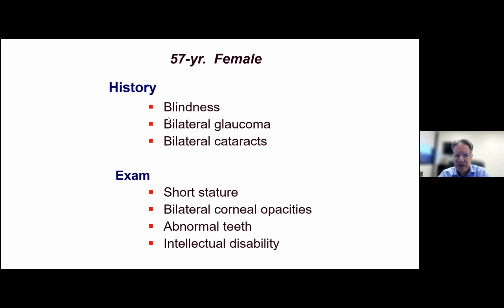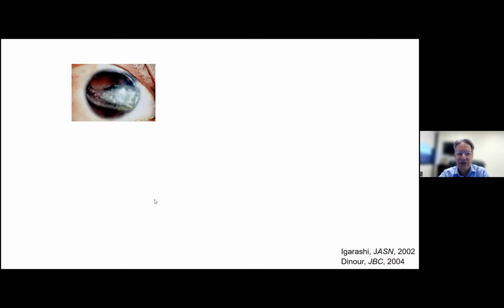It was a 57-year-old female. She was blind. She had bilateral glaucoma, bilateral cataracts, and on exam, she had short stature. Her cornea had opacities. Her teeth were abnormal, and there were some intellectual abnormalities. So here's a picture of her eye.